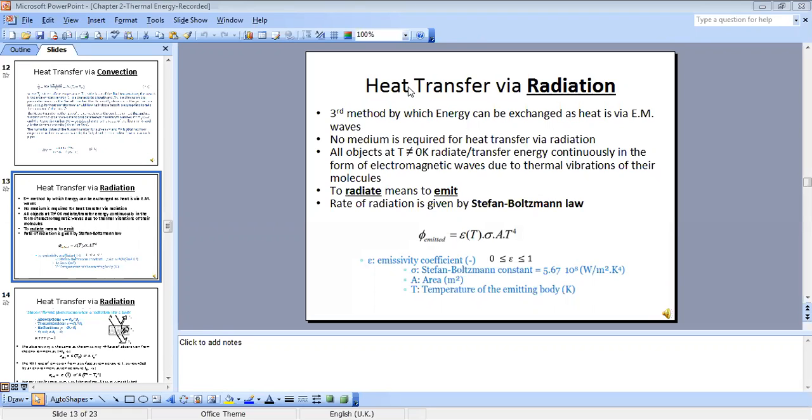When we say a surface is radiating, it's equivalent to the surface emitting energy in the form of electromagnetic waves. Now, how to calculate the rate of radiation?